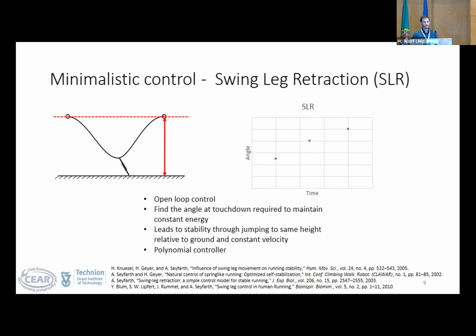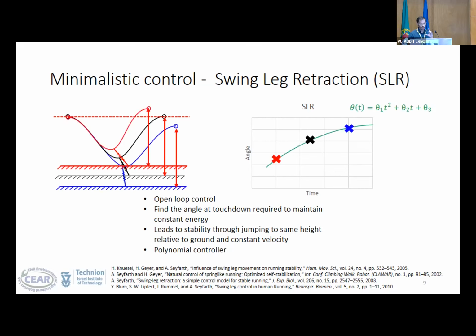Moreover, we also showed that while this is normally controlled with a linear equation, through a polynomial controller we can gain a little bit more stability. So by controlling the optimal relative height, that YREL, and forward velocity, we can find an equation that gives you the optimal leg angle at touchdown given the time from apex.